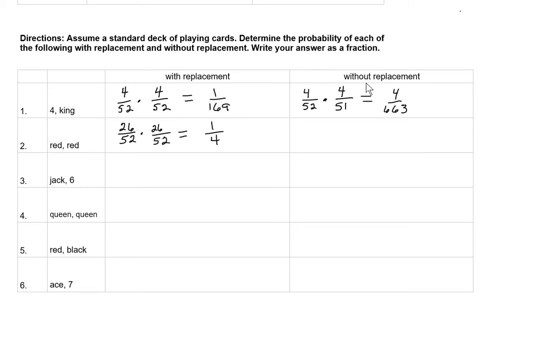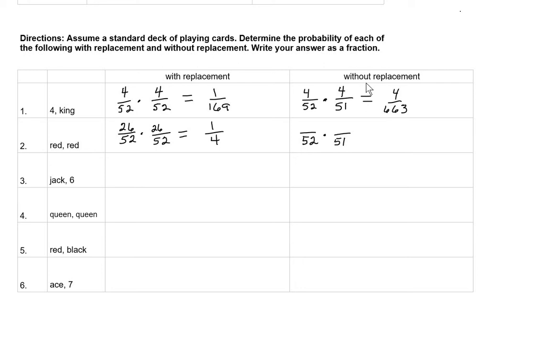Now, if I don't replace the cards, I'm going to have 52 cards to draw from the first time. This is kind of like how I like to do the problem. I sort of do things backwards, not backwards, but in a different order. I have 52 cards to choose from the first time. I have 51 cards to choose from the second time. So once I get those denominators written down for those fractions, then I can really concentrate on my numerators up here.